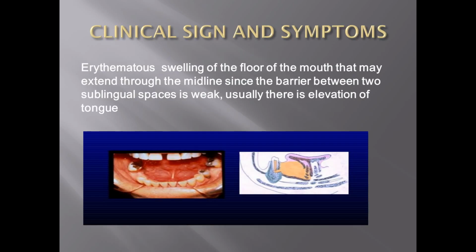Clinical signs and symptoms: erythematous swelling of the floor of mouth that extends through the midline. Since the barrier between the two sublingual spaces is weak, usually there is elevation of the tongue.